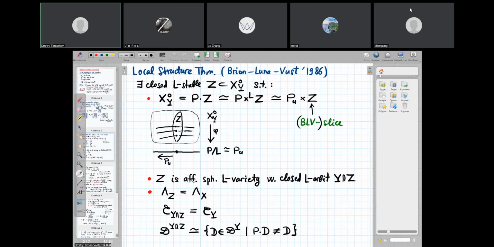And now it is more or less easy to prove the remaining statements. Let's do it.